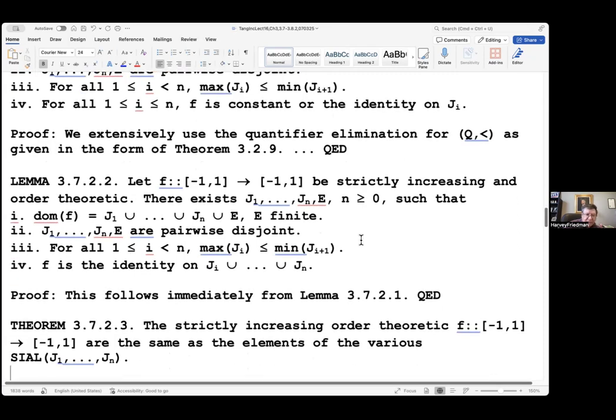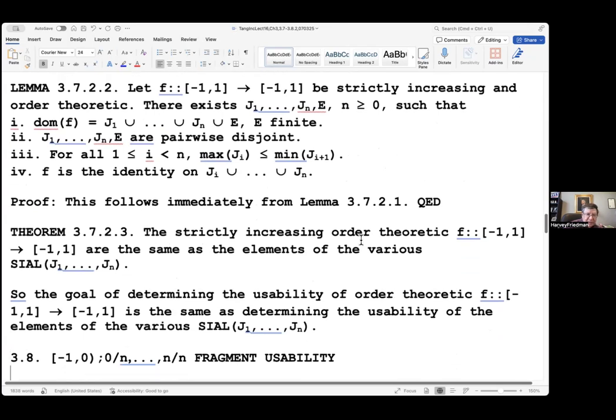And then the strictly increasing ones we're particularly interested in. So the strictly increasing ones have no change really, except this is the change: it has to be the identity on J1 through Jn. It can't be constant at various places, right?